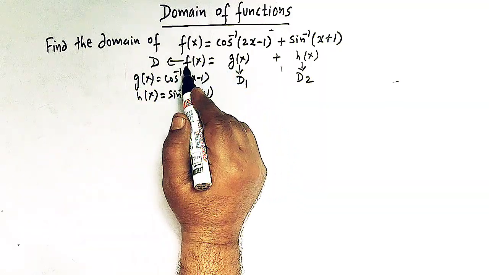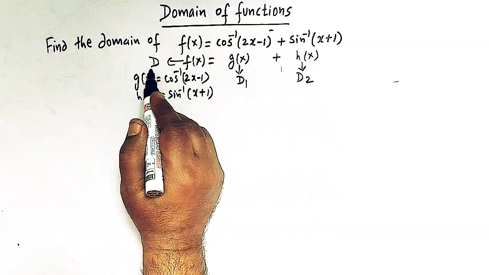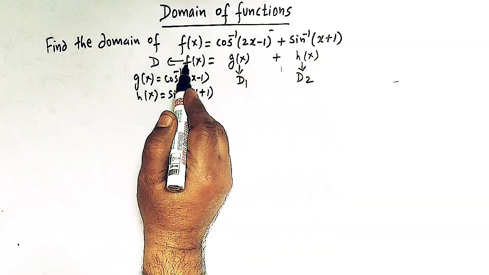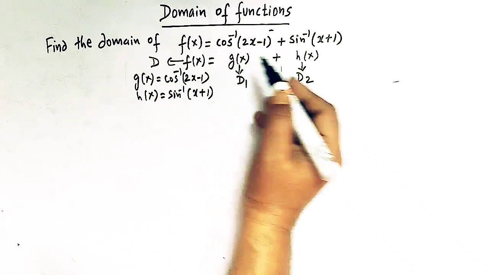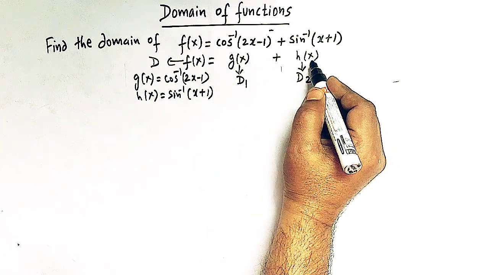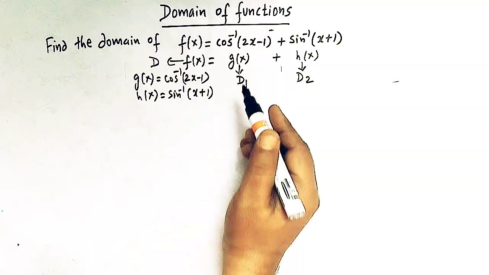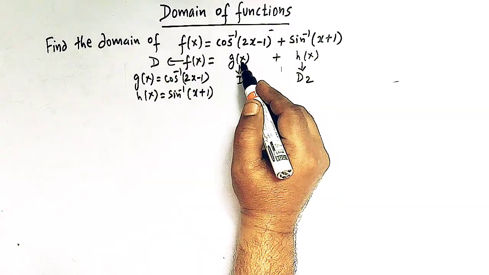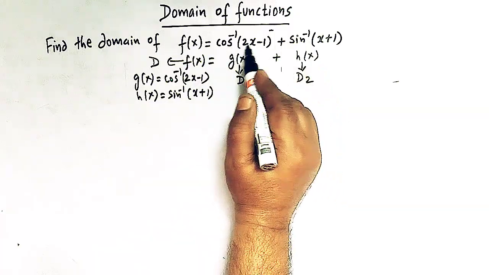So now f of x is the sum of two functions. Therefore, the domain of f of x depends on the domain of g of x and h of x, right? And here we have to search for those values of x which simultaneously satisfy or define these two functions.